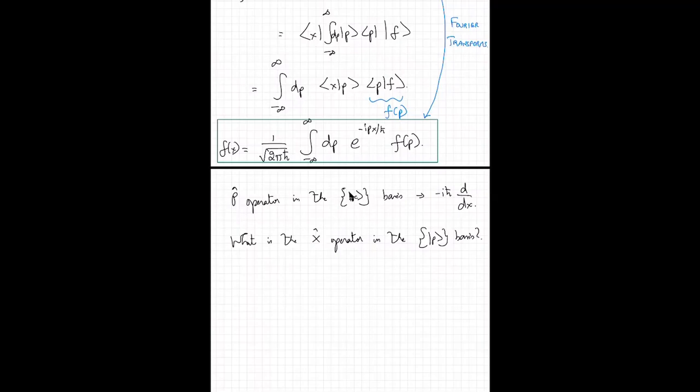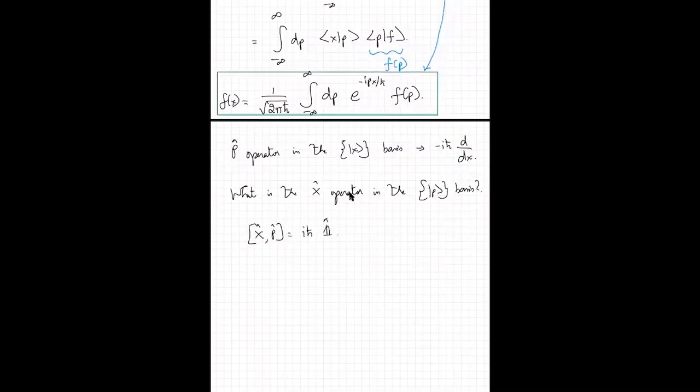Now, when I say that I want the X operator in the P basis, what I basically want is, suppose I take any arbitrary vector psi, how does this quantity look? I want to understand what this quantity is.